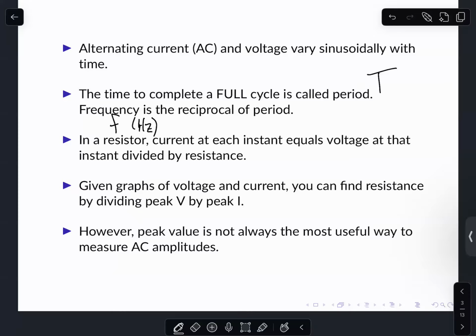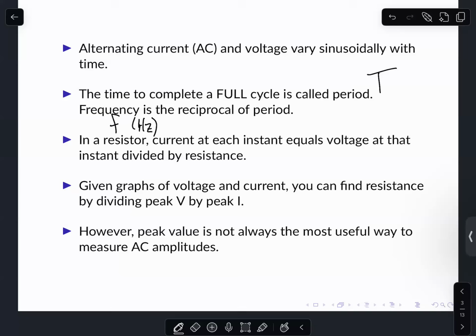If you flip a fraction's upstairs and downstairs, does it make sense that we can flip the phrases, cycles per second, seconds per cycle? It makes sense that they're reciprocals. Yes, no? Feel okay with this?